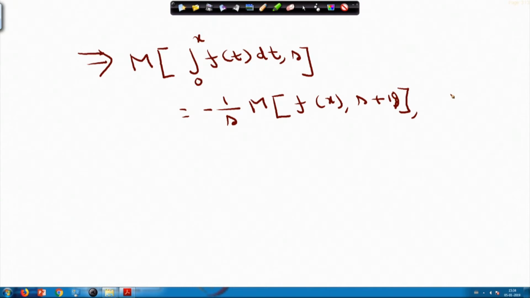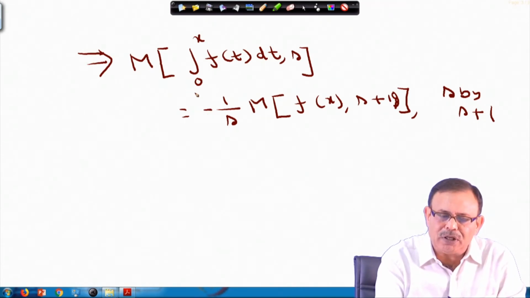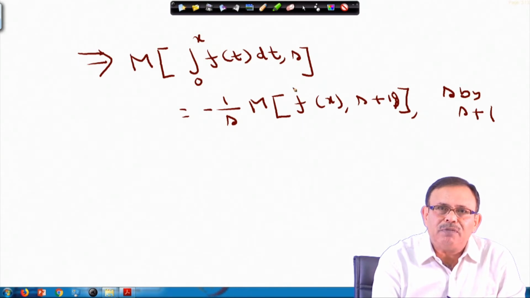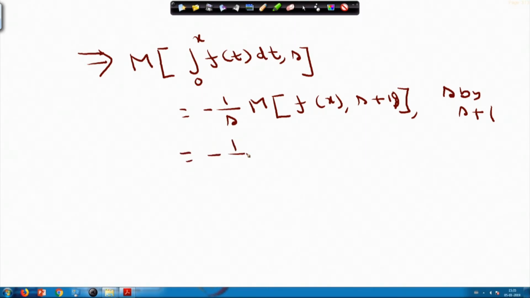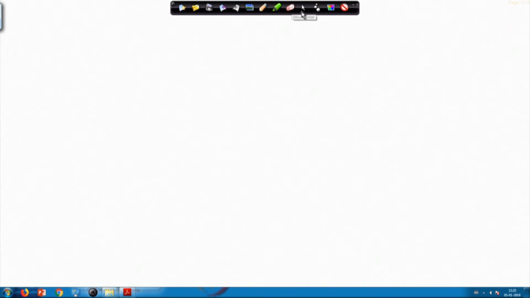If you replace s by s plus 1, then you will obtain the Mellin transform of the integral from 0 to x of f(t) dt equals minus 1 by s times the Mellin transform of f(x) at s plus 1, and this you can write as f bar of s plus 1. Therefore, the Mellin transform of the integral from 0 to x of f(t) dt at s equals minus 1 by s times f bar of s plus 1, which completes the proof.